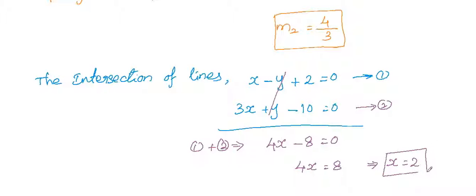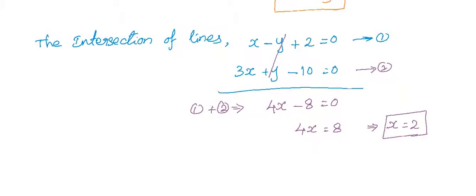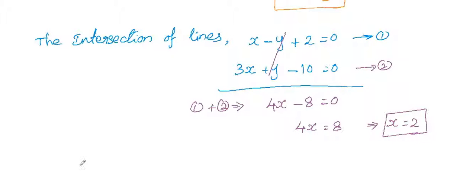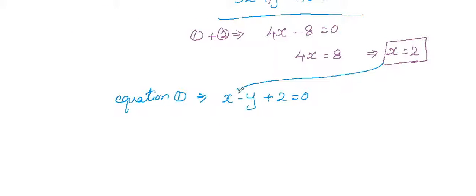Now find the y value. Just substitute x equals 2 into equation 1. Equation 1 is x minus y plus 2 equals 0. Substituting x equals 2, we get 2 minus y plus 2 equals 0.